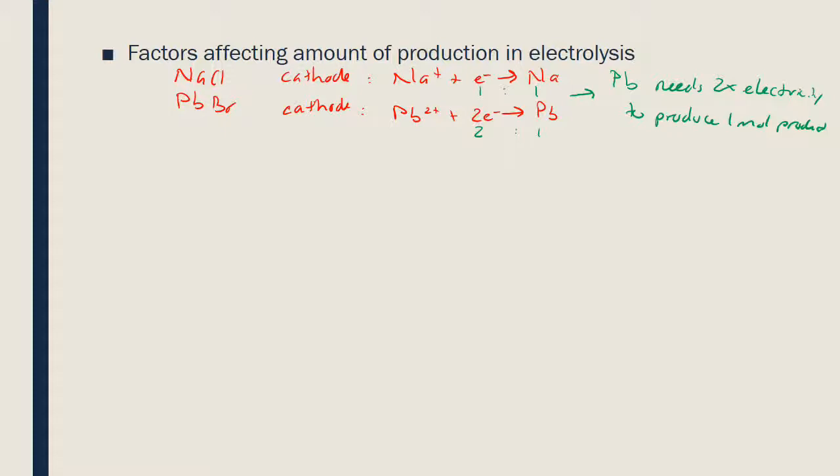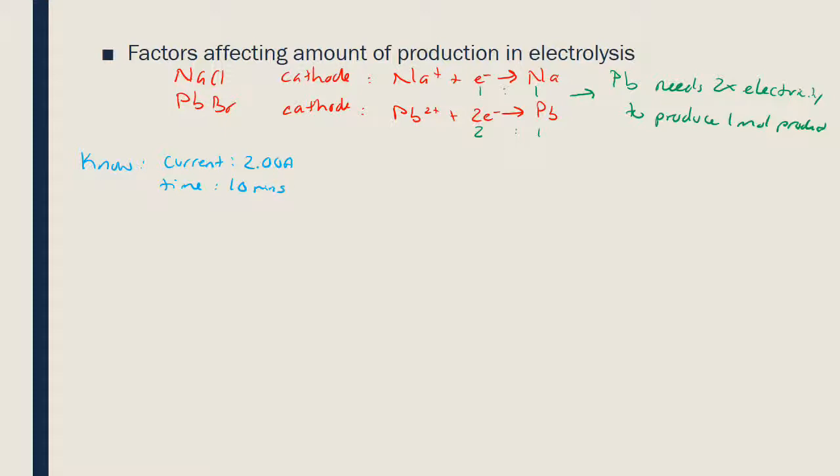So we need to understand what those half reactions look like at each of the electrodes. Let's look at an example of how we can look at some more variables. In this next example, the current is 2 amps and the time is 10 minutes.